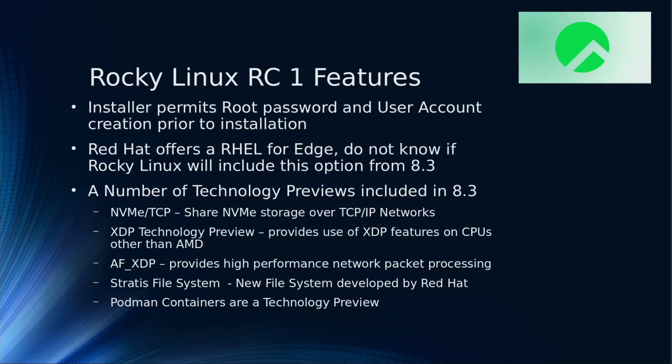But Stratis is a new file system that is copy on write, has snapshotting, and has all of the features that you would come to expect from things like Btrfs or ZFS. There's also Podman containers, which are a technology preview in 8.3. So if you're looking for OCI compliant containers, then Podman is Red Hat's recommendation going forward for that.